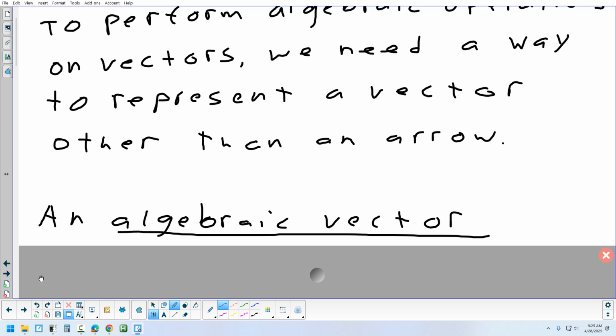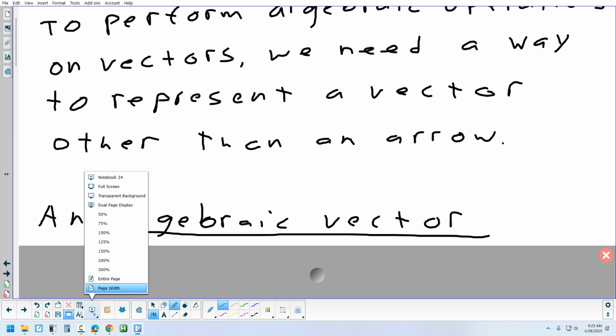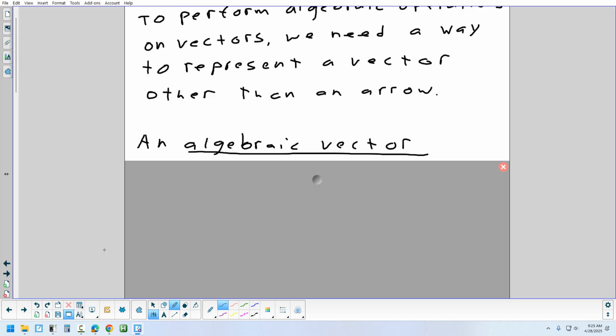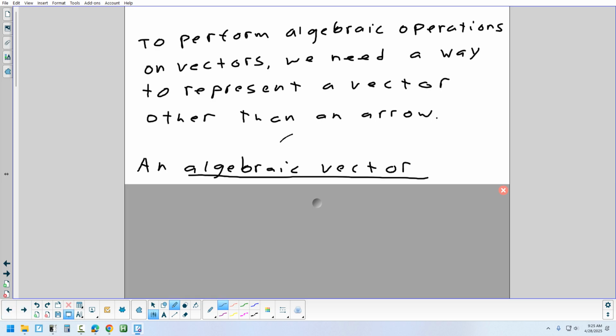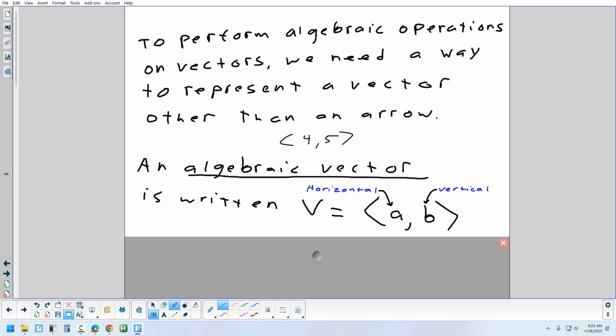That's how our book refers to it. And an algebraic vector looks something like this. I just picked two random numbers, but that's an example of what a vector looks like in that notation. Okay, so what's going on there? Well, we've got two numbers. We've got a comma between them.